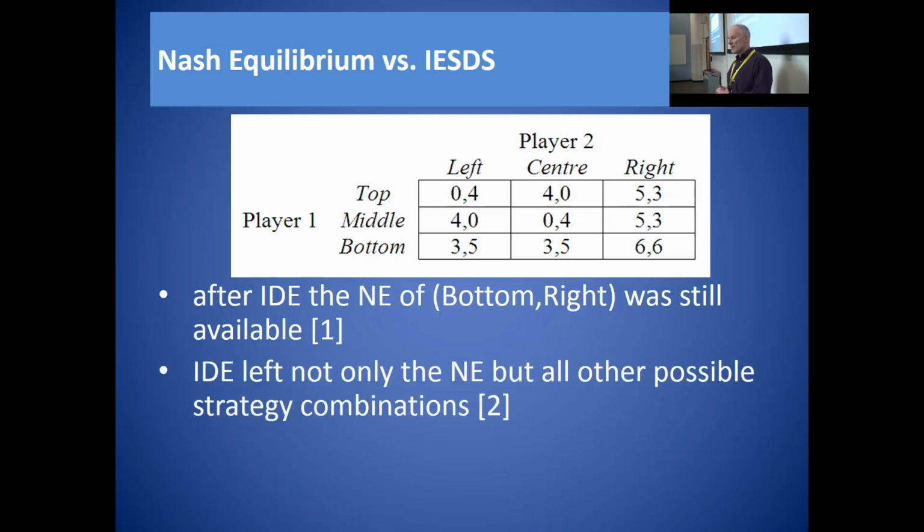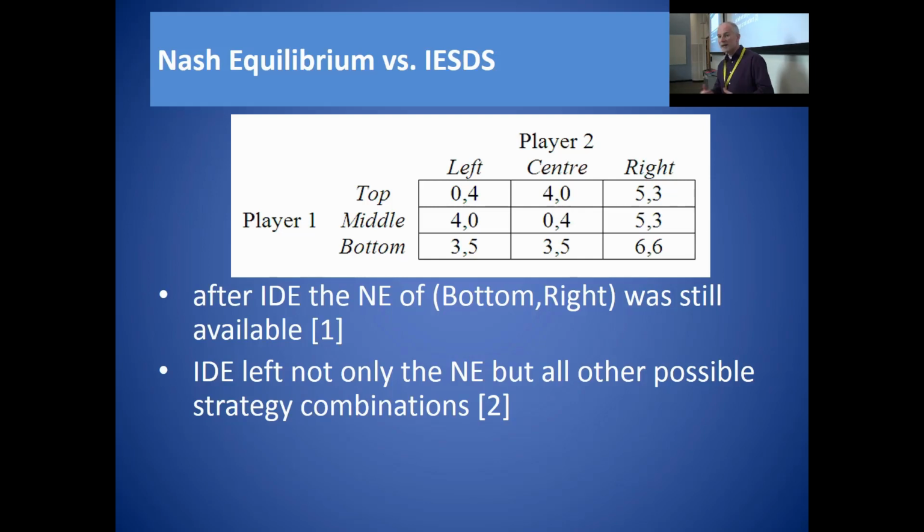However, not only did this iterated dominance equilibrium leave that Nash equilibrium, it also left all of these other outcomes there. And what did we say? We've said that they're not Nash equilibria. If they're not Nash equilibria, they're not plausible outcomes.